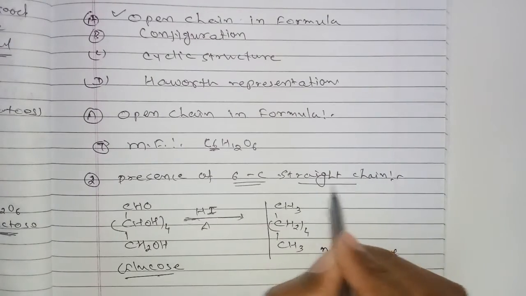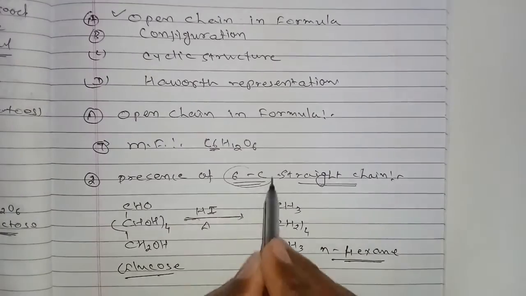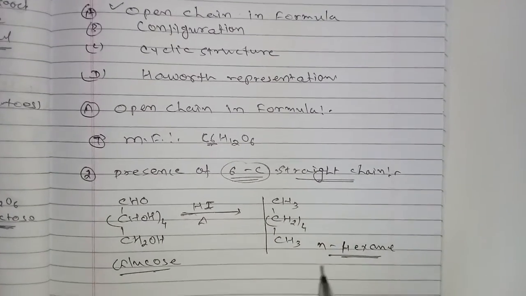So this proves that there is a 6 carbon straight chain.